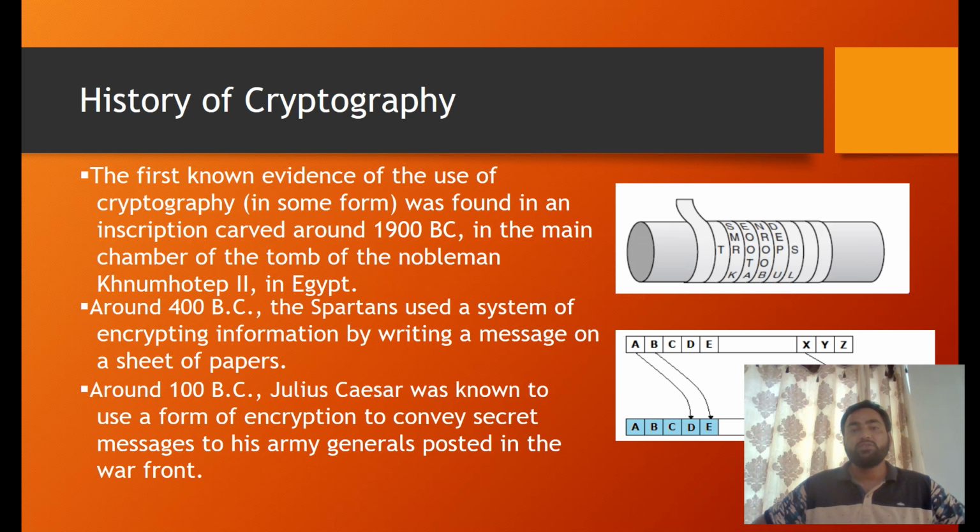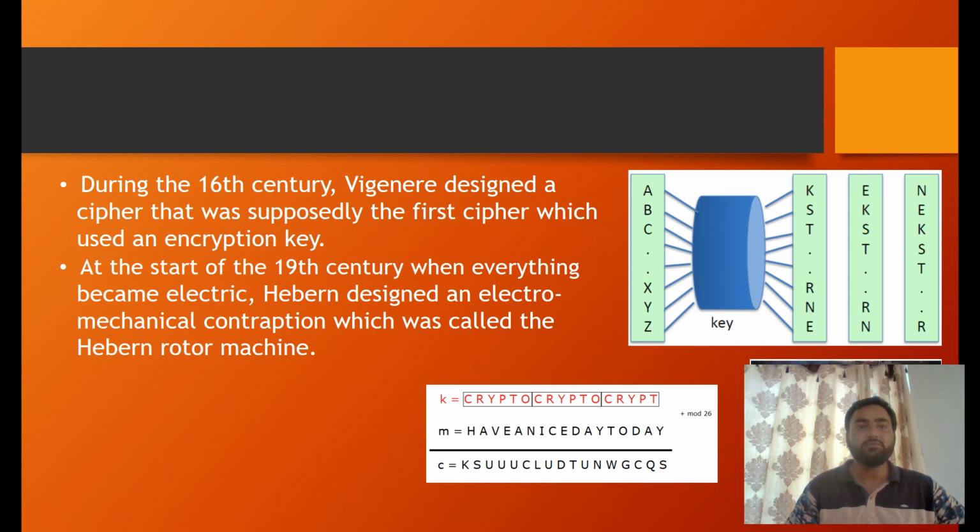Around 100 BC, Julius Caesar was known to use a form of encryption to convey secret messages to his army generals posted at the war front. During the 16th century, Vigenere designed a cipher that was supposedly the first cipher which used an encryption key. At the start of the 20th century, when everything became electric, Hebern designed an electromechanical contraption called the Hebern rotor machine for producing encrypted messages.